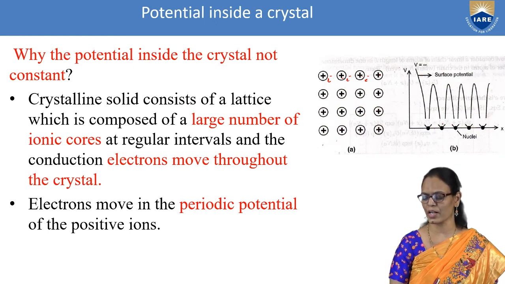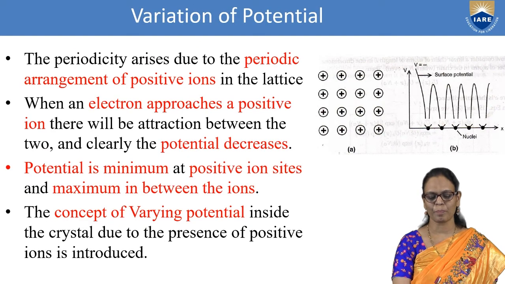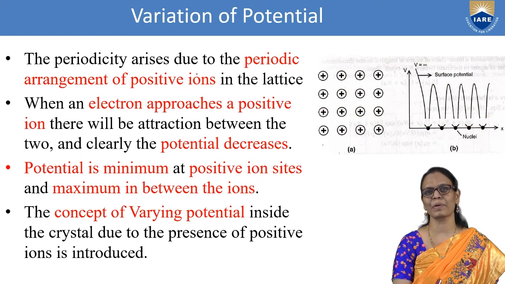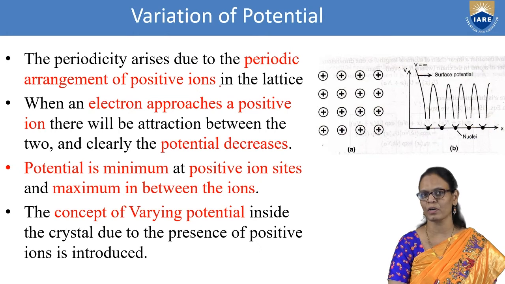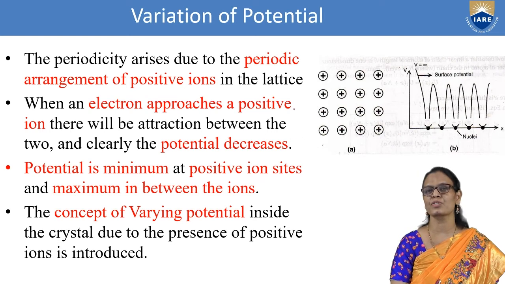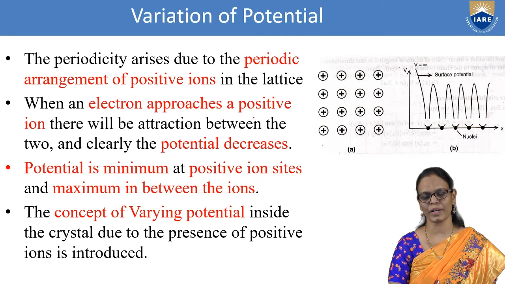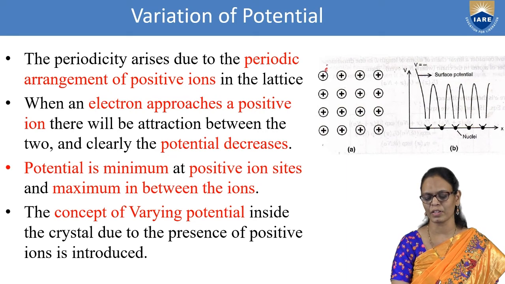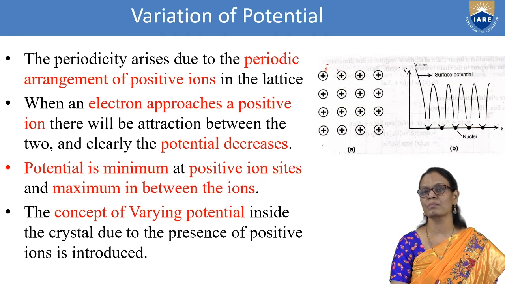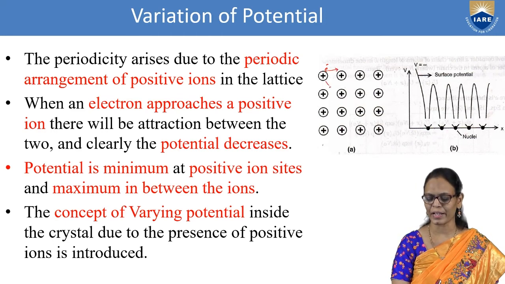How is the potential varying? The periodicity arises due to the periodic arrangement of positive ions. They are periodic in nature, spaced in a regular arrangement. Now when an electron approaches a positive ion, I have an electron here, moving from here toward the positive ion or in any direction.